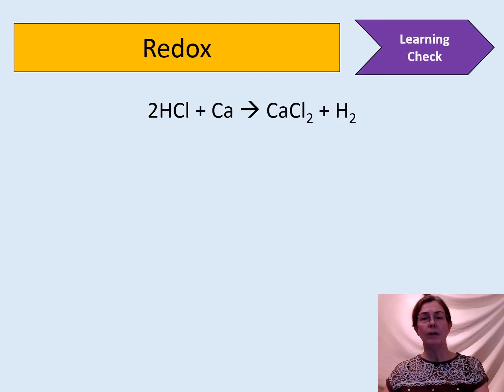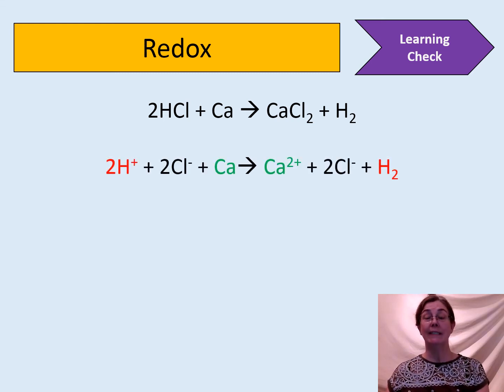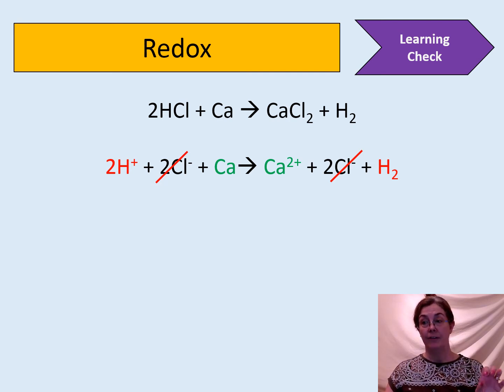So how are we going to write this? You would be presented with this equation where it would ask what's being oxidized, what's being reduced. You would split it into its ions, and as you can see, we've got the hydrogen ions and the chloride ions, the calcium, then we've got the calcium ions, the chloride ions and the hydrogen. We can cross out those chloride ions, they're spectator ions, they're not taking part in this reaction at all, and we can identify the element that is changing.